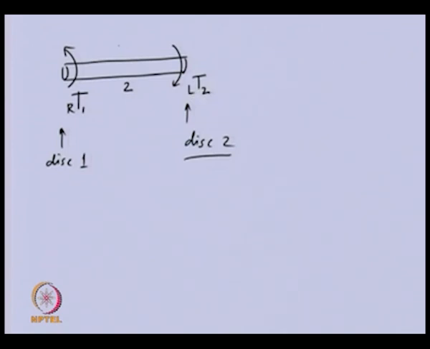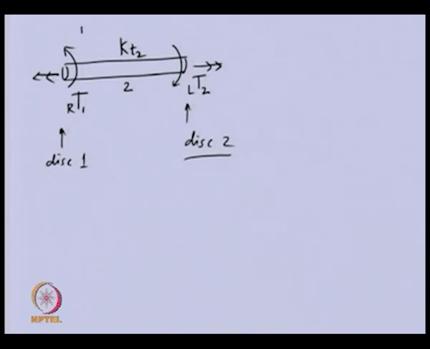We have torsional stiffness of the shaft, let us say KT2, and vectorially we can represent this torque as this one, and this torque, obviously they should be equal and opposite. Apart from this torque, we have field variables, that means the displacement.